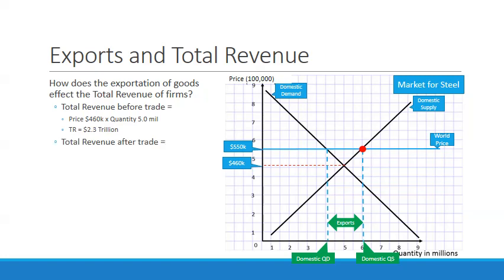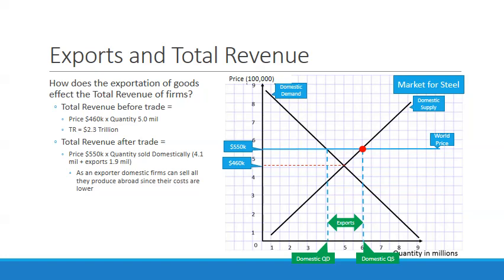Total revenue after trade, though, we take the new price, which is 550,000, times the quantity sold domestically, which is 4.1 million, plus the exports of 1.9 million. As an exporter, domestic firms can sell all they produce abroad since their costs are lower. When you look at that red dot there, that is where total revenue for producers in an exporting market comes from.